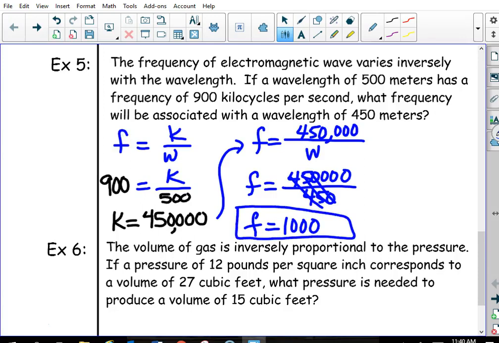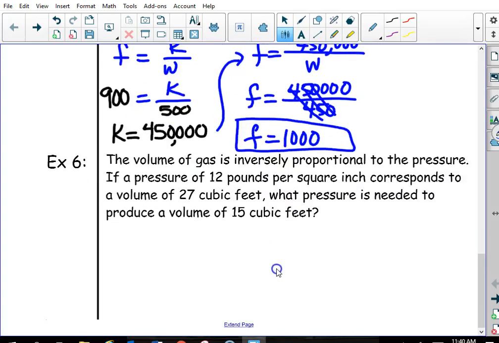Okay, example 6. Kind of the same idea. The volume of a gas is inversely proportional to the pressure. This is basically the ideal gas law, PV equals nRT, but we're going to keep it really simple.